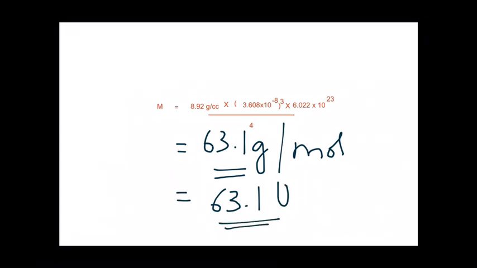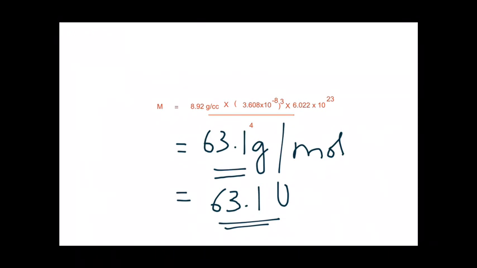Hope you understood this problem. It is very simple. The only thing is that you need to know the formula, d is equal to Zm by a cube Na. If you know any four parameters, the fifth unknown parameter can be calculated.